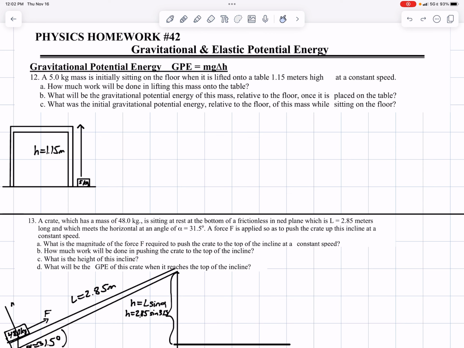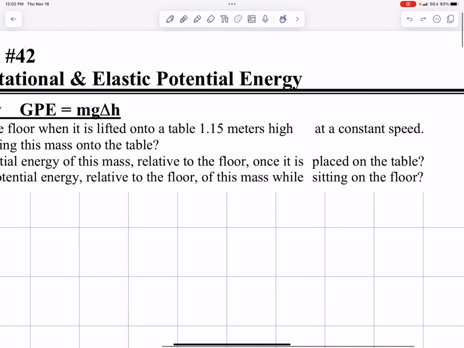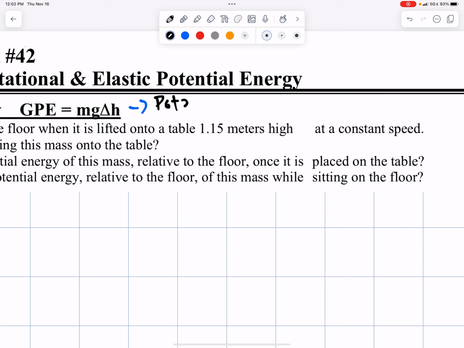So recall, gravitational potential energy is the potential for gravity to do work.